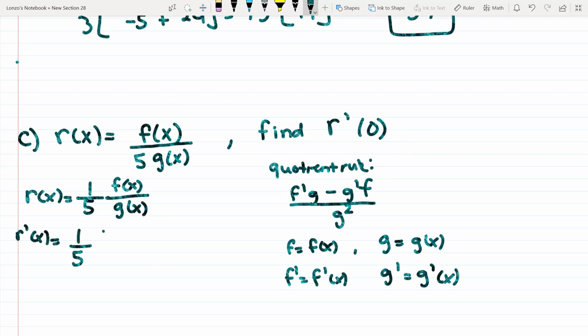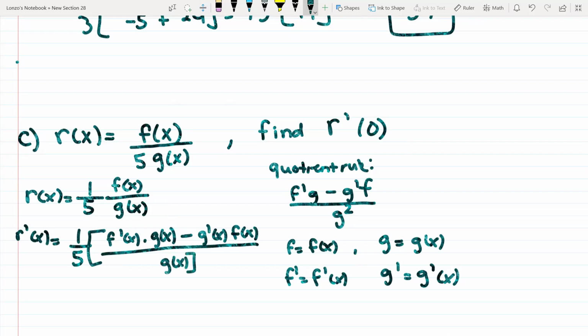Ignore the constant 1/5, we'll distribute that later. So F prime is F prime of X times G, which is G of X, minus G prime, that's G prime of X, times F, which is F of X, all over G squared, so that's G of X squared.